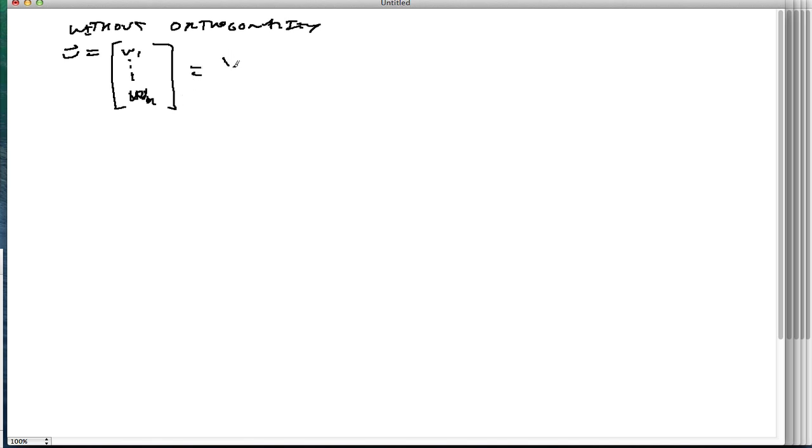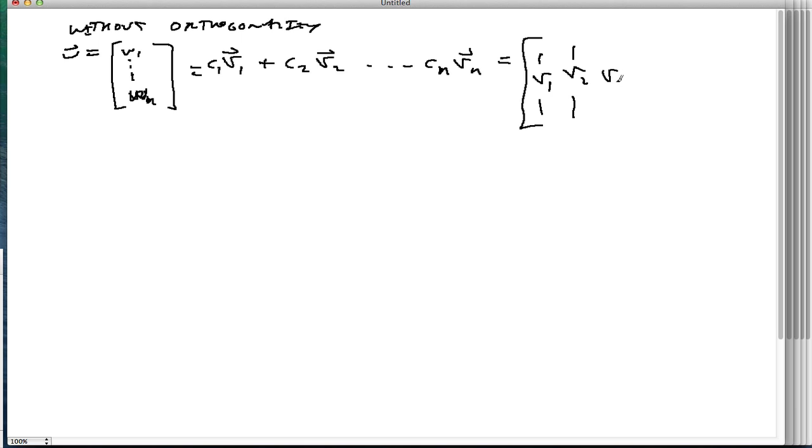And we had this V1 times C1 plus C2 times V2 all the way to Cn times Vn. And we can rewrite this as the matrix with columns like so, times the coefficients all the way to Cn.